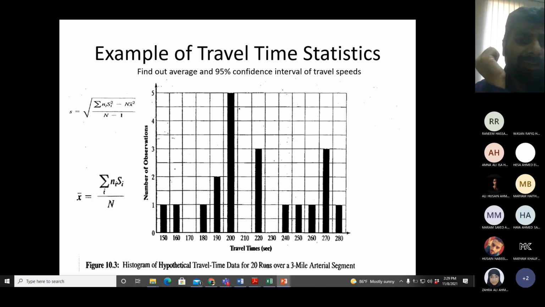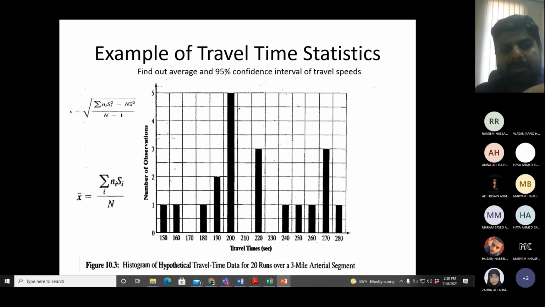For spot speed data, you saw one type of frequency distribution which was shown with a curve. We made the bell-shaped curve. For travel time, this is another representation of frequency distribution. What do we have on the x-axis? We have the values of travel time.